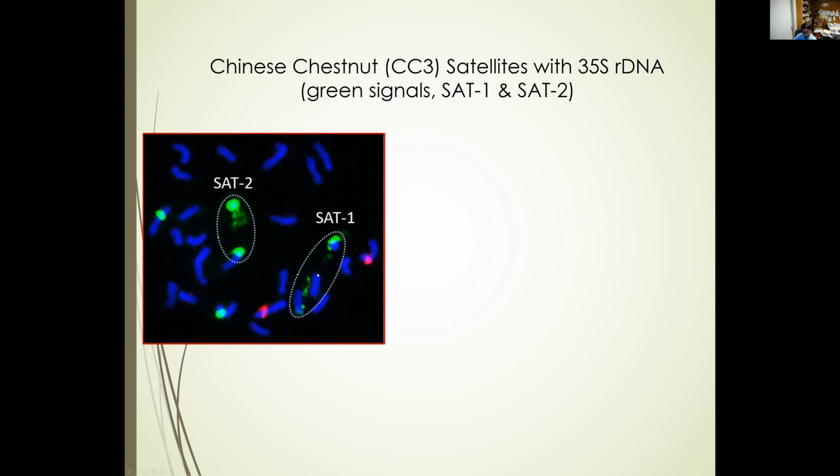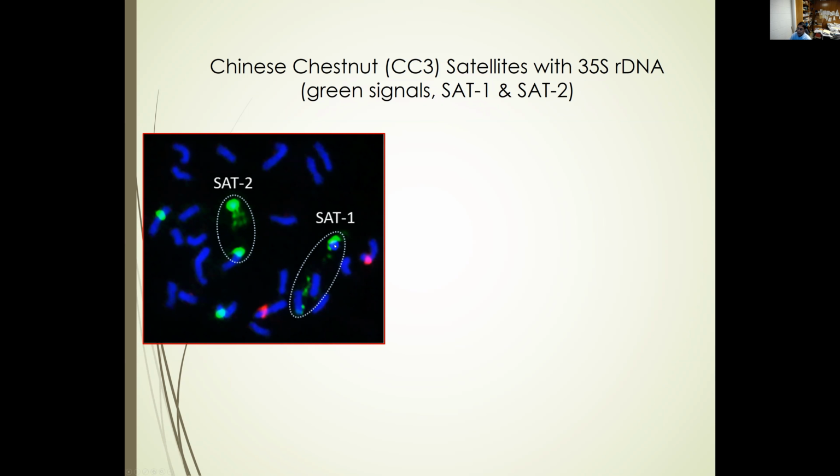We mark the satellites as SAT1 or SAT2. SAT2 doesn't show the satellite section, because it's masked by the 35S gene. You see the organization between these two species, and they pair closely. This satellite is showing the heterochromatic region of the satellite.